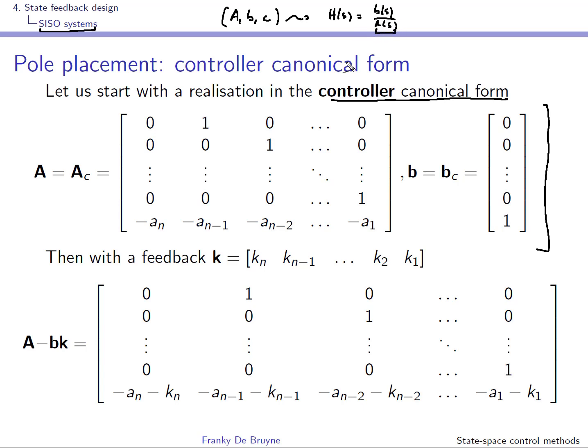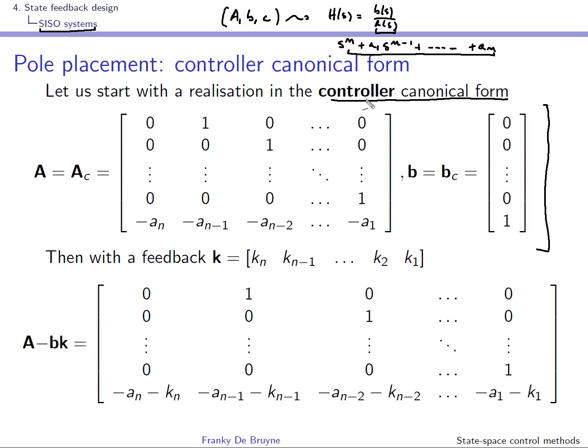This is the characteristic polynomial, and it takes the form s^n plus a1 s^(n-1) up to an. Okay, so you can construct this controller canonical form from the open loop characteristic polynomial.